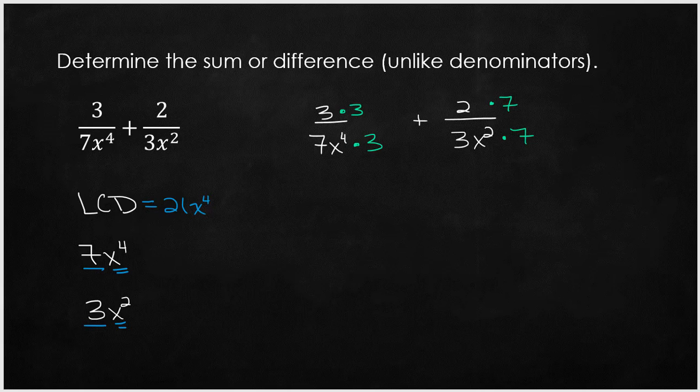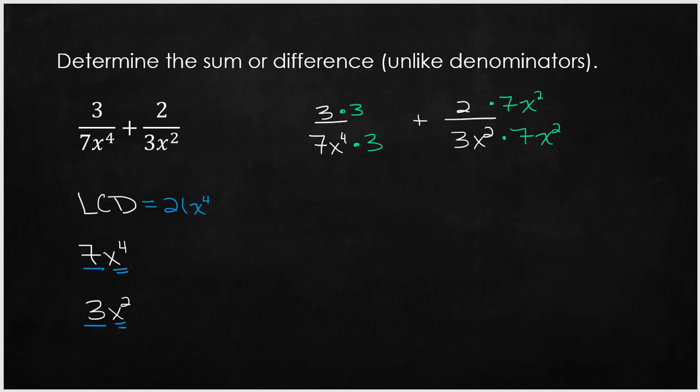On my first term, I've already got an x to the 4th, so I don't have to multiply by anything. In the second term, I've got to get x to the 4th, so I'm going to multiply by x squared, because x squared times x squared is x to the 4th.